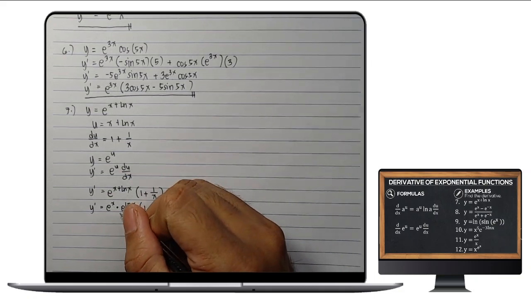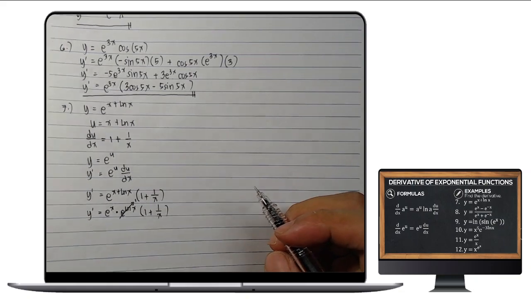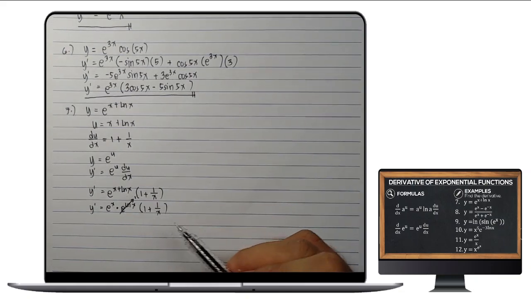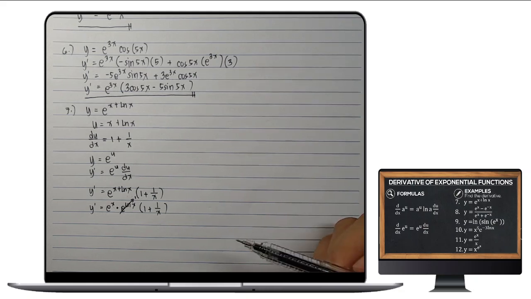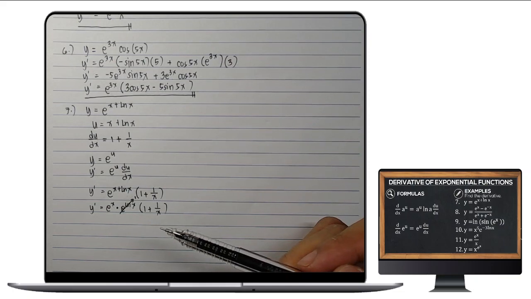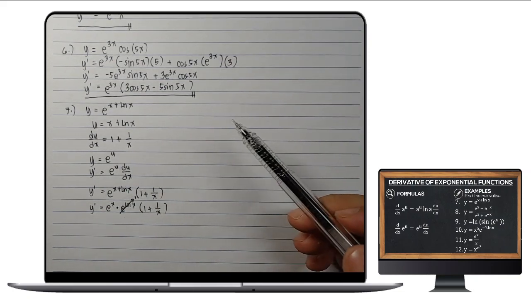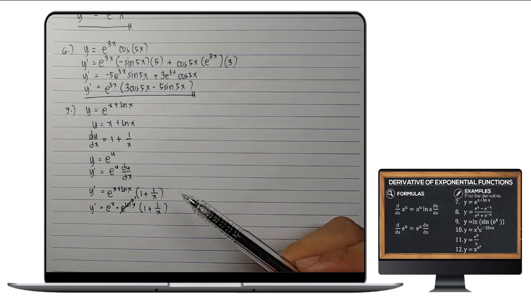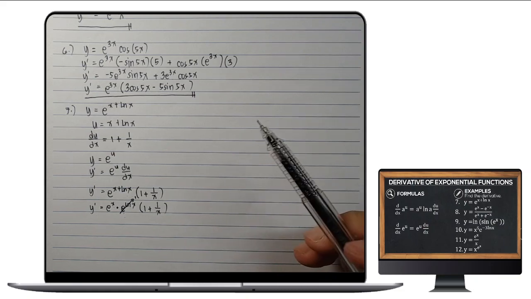So take note that e raised to ln x is x. Applying the property of logarithm, when the base of the exponent and the base of the logarithmic function is the same, it can be cancelled out. So take note that ln is the logarithm to the base e. So we can write it as e raised to log of x to the base e. And notice that the base of the exponent and the base of the logarithm, which is e, is the same.